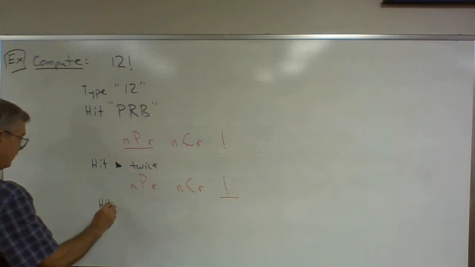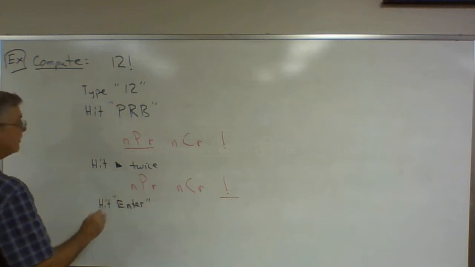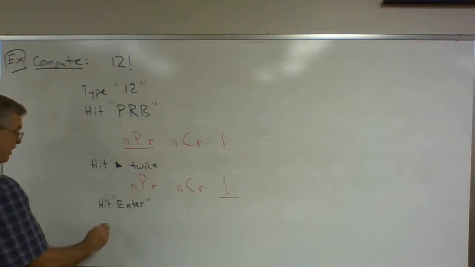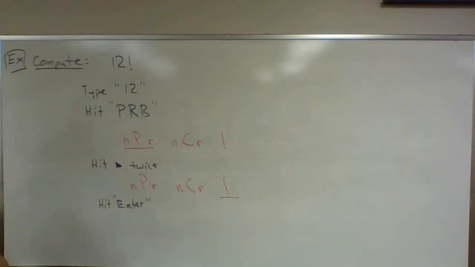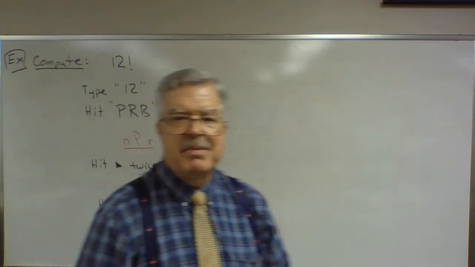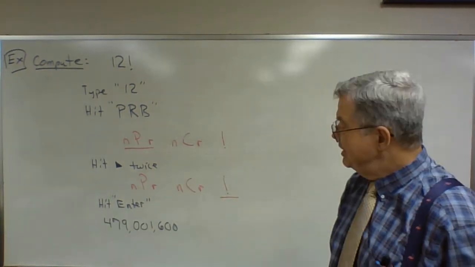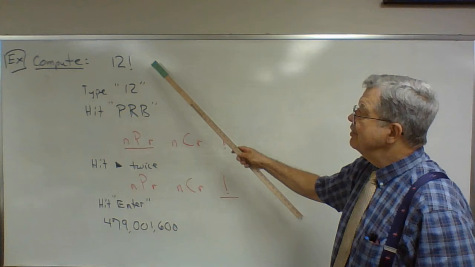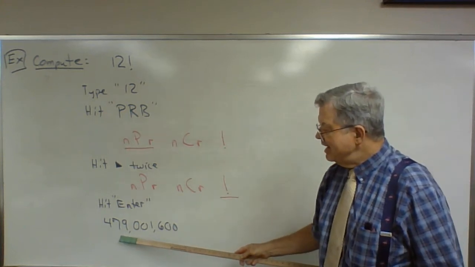And so we'll hit the enter key. And we'll get whatever 12 factorial is supposed to be. Maybe I should check out what it is and get back to you. Okay, if we did this correctly, 12 factorial, we got 479,001,600.